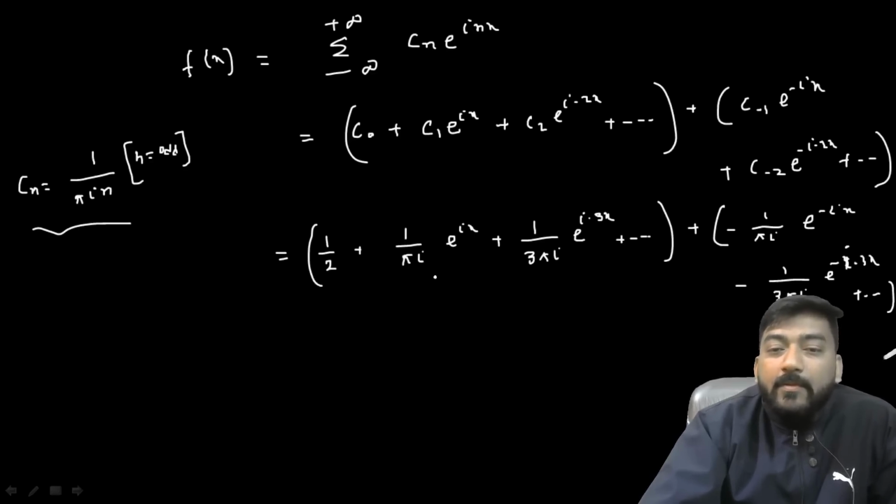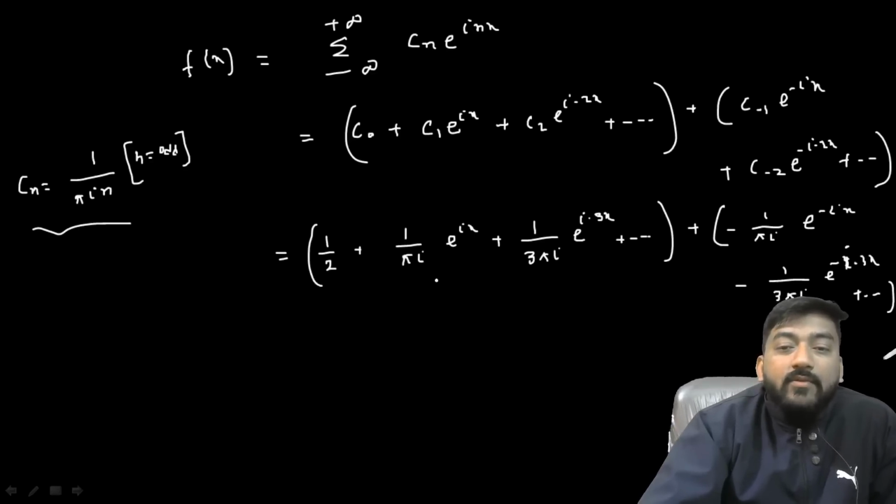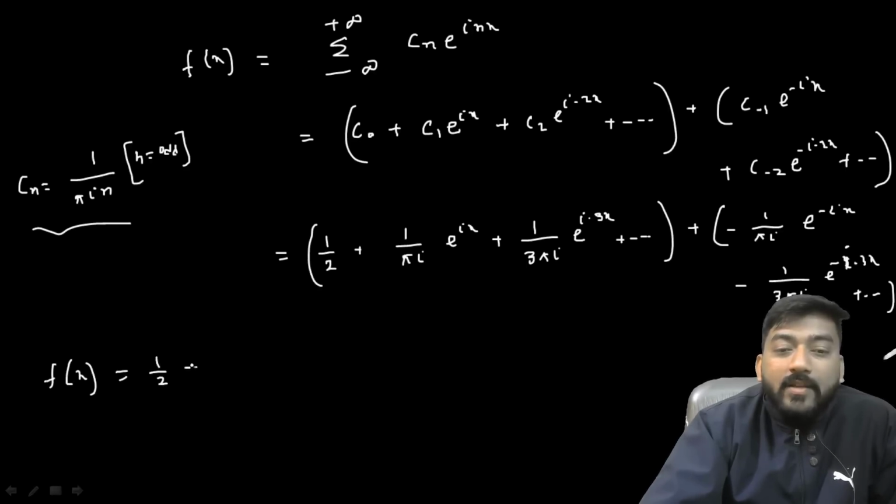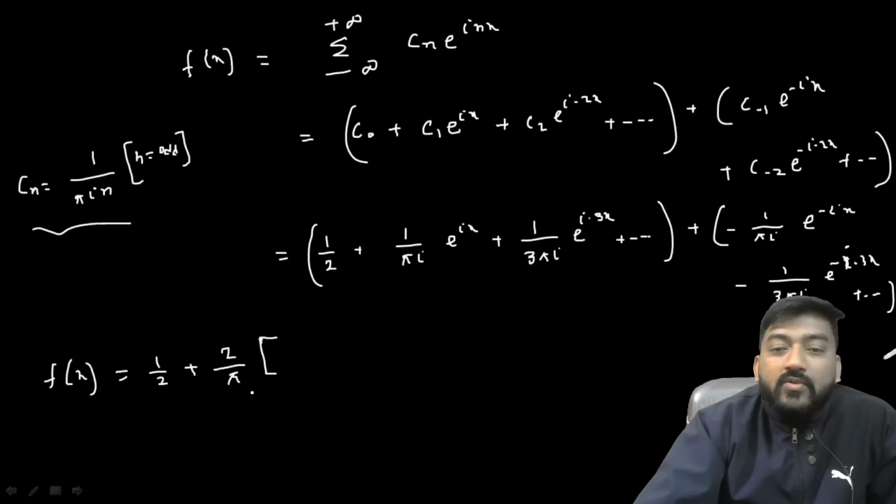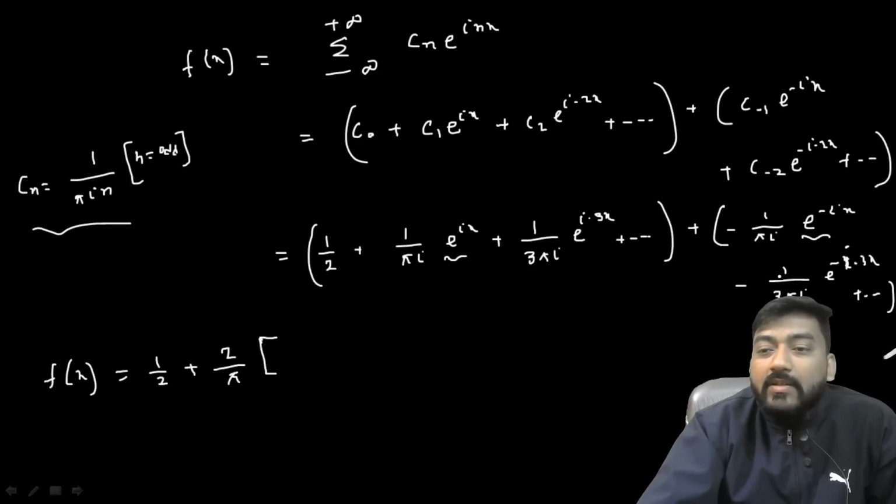Now if you want to write it in terms of sine and cosine, then you just have to arrange this series. So you will get half plus, let me take 2 upon pi. Here is e to the power ix and here is e to the power minus ix.